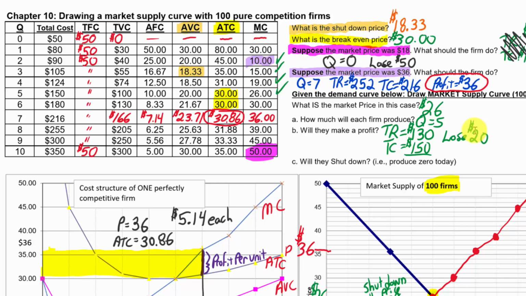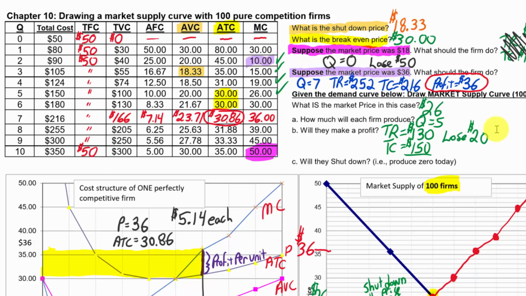They could make their factory smaller. They could exit this industry altogether. And that's going to be our answer for a firm like this. If you're losing $20 today, that means that you're not able to pay all of your resources, and you can't keep that up forever. And so in the long run, you're going to exit the industry.